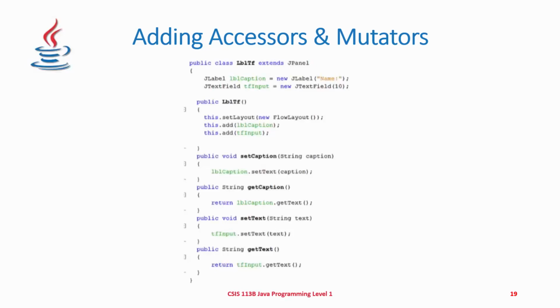And then we also have a set text and a get text method. So after the user of our class creates an instance of our class, they can use these methods to change the text of the label caption, change the text of the input, and also get the values from each of those if they need to.